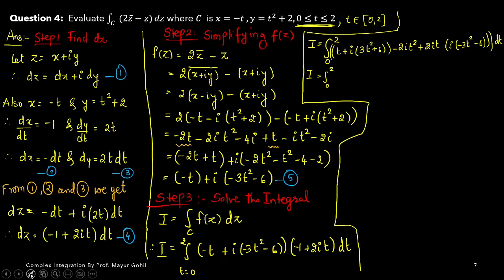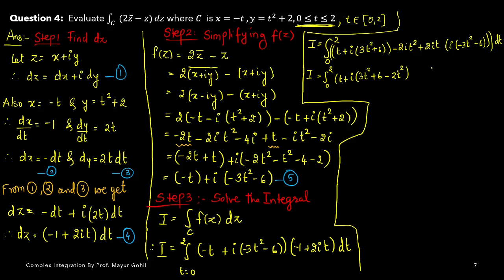Okay, 2. I'll just write it properly. 0 to 2, and then you have here t, and then there is this t plus i times 3t square plus 6. And then if I take i common from this second bracket also, I'll have here minus 2t square.